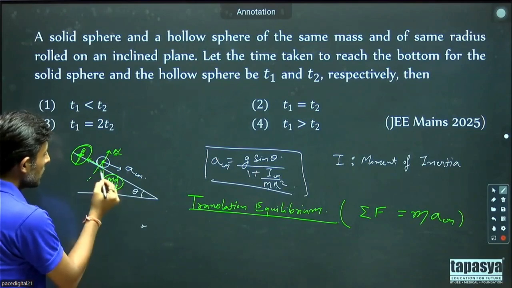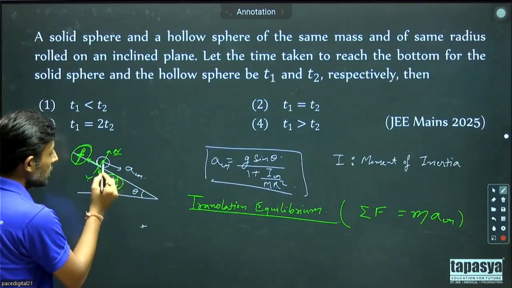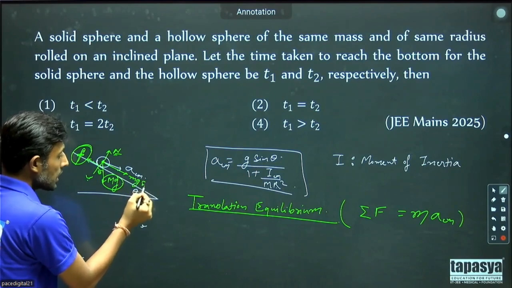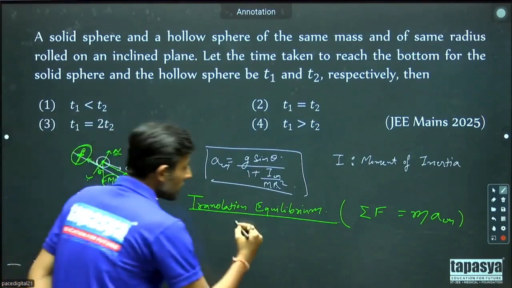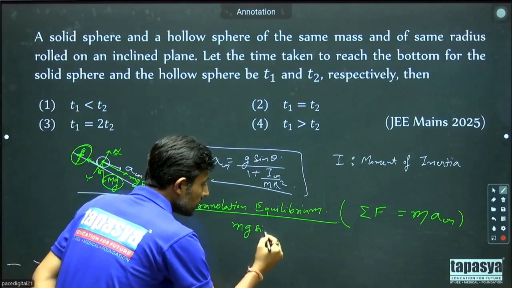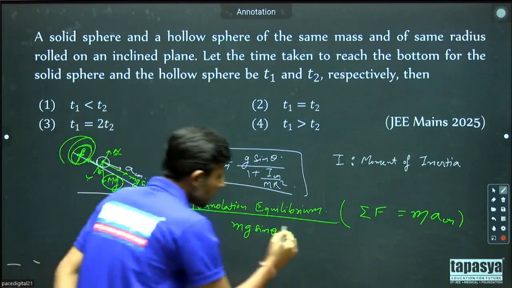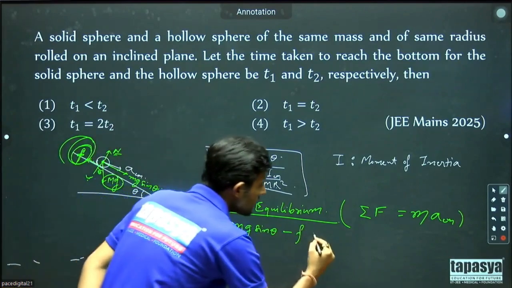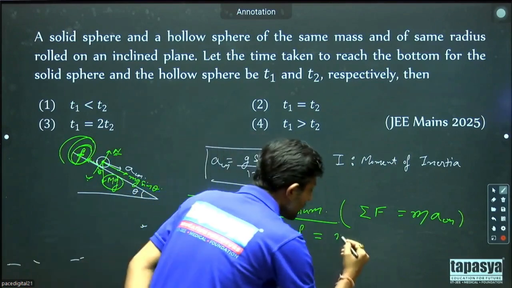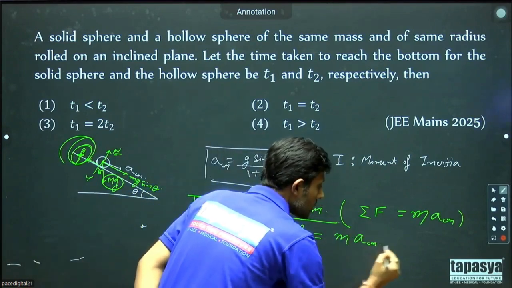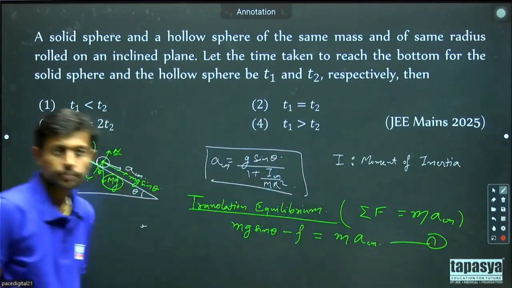If this is theta, this will be theta. This is mg cos theta. This would be mg sine theta. So we get mg sine theta minus this frictional force is equal to what? Mass of this object into acceleration of center of mass. This is our first equation.